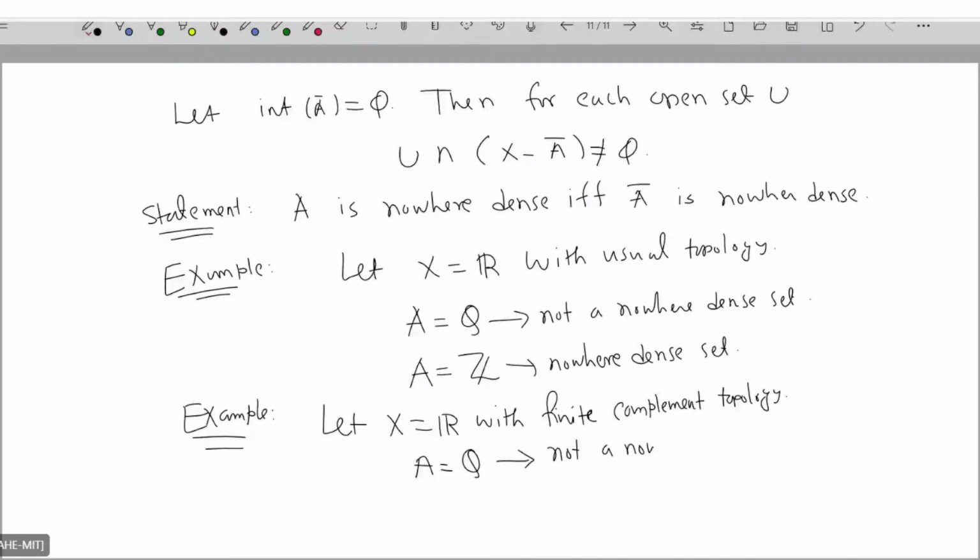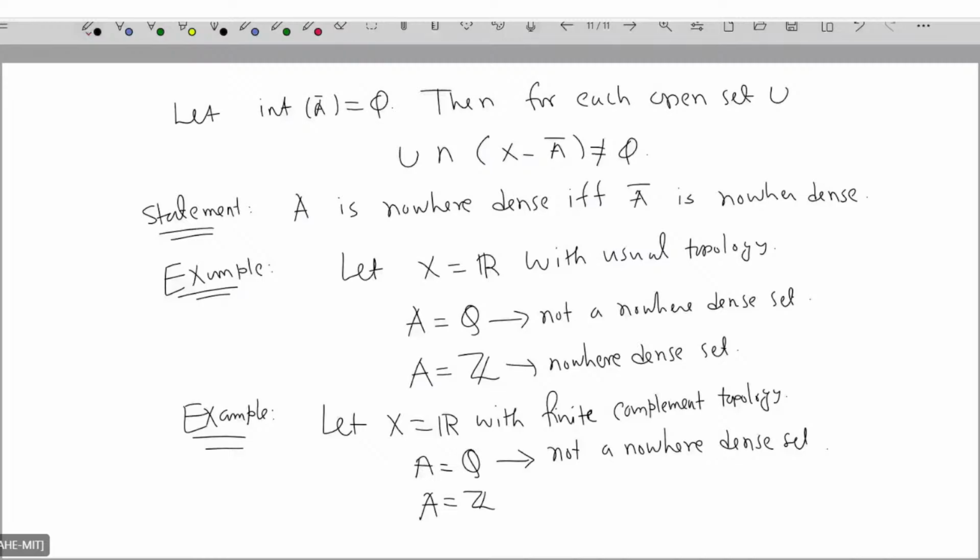So if we consider A equals to J, what will happen in this case? Is it a closed set in a finite complement topology? We just learned that in the finite complement topology, only the finite sets are the closed sets, along with the whole set R and the empty set. J is not a finite set, so it's not a closed set.